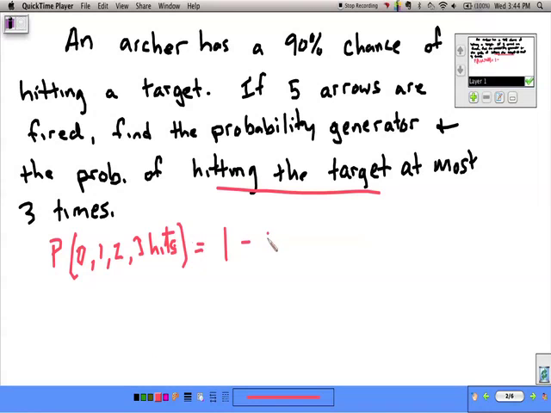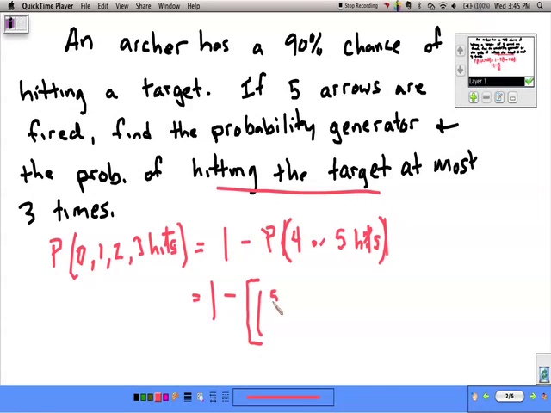Now this can be a little tedious, so instead we can do the probability of 4 or 5 hits. It's a much shorter calculation. So we're going to do 1 minus. So for 4 hits, that's going to be 5 choose 4.